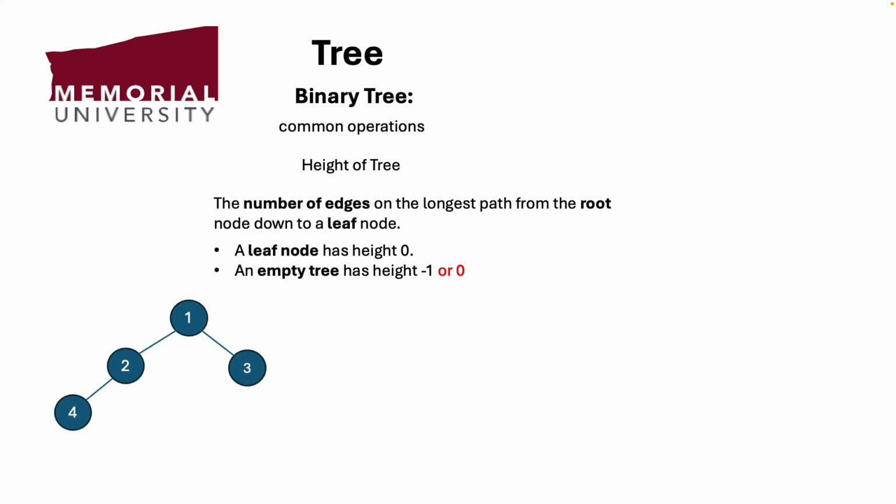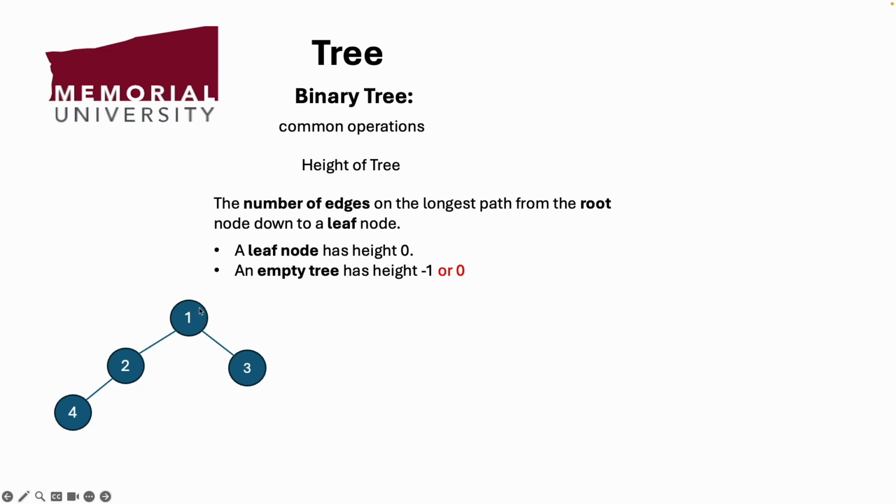Let's look at this example. This is a binary tree of this type. From the root to the deepest leaf, which path goes from the root to the deepest leaf node?